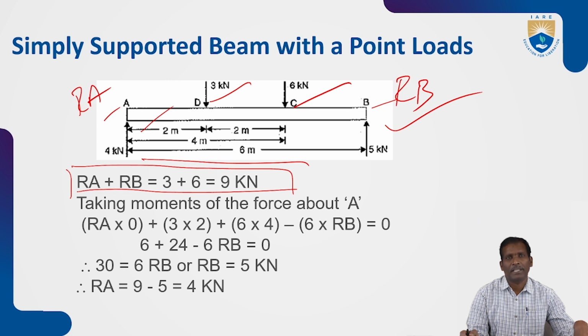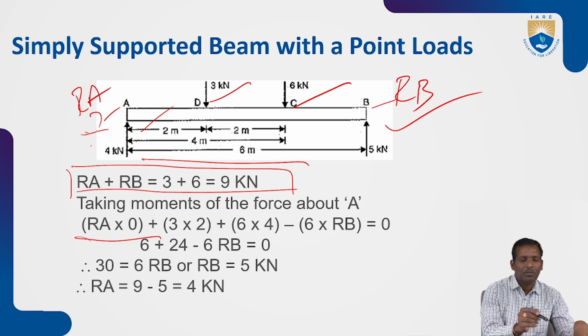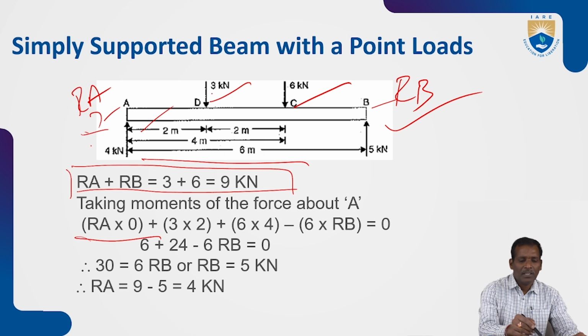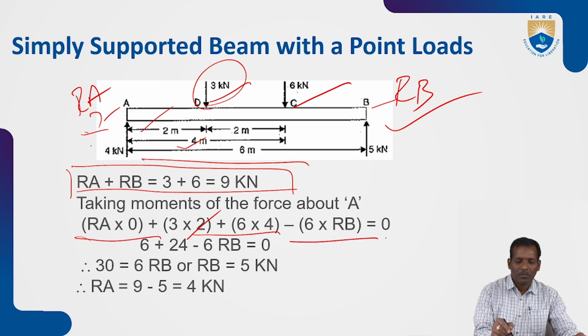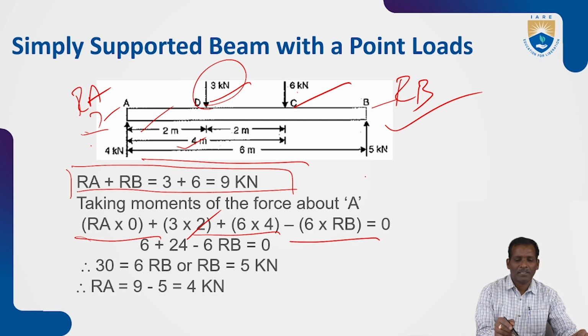So taking moments of the force about A: RA into 0, since there is no distance on the left side, plus 3 kilonewtons into 2, plus 6 into 4, because the 6 kilonewton load acts at 4 meters distance, minus 6 into RB, is equal to 0.